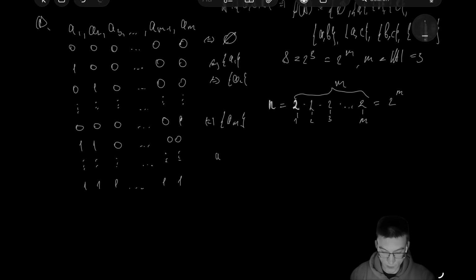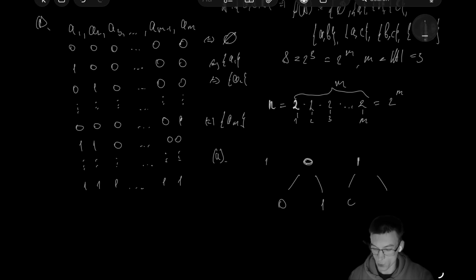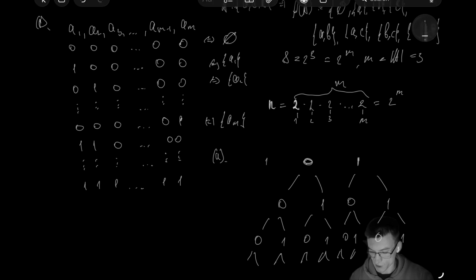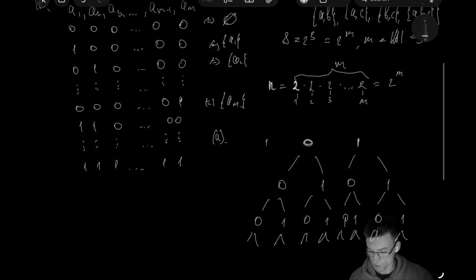We have this rule because of the tree law. You can visualize that for the first cell, you have 2 possible states, 0 or 1, and then for 0 you have 0 and 1, and for 1 you have 0 and 1 again. So you're just listing out all possible states for each possible value.